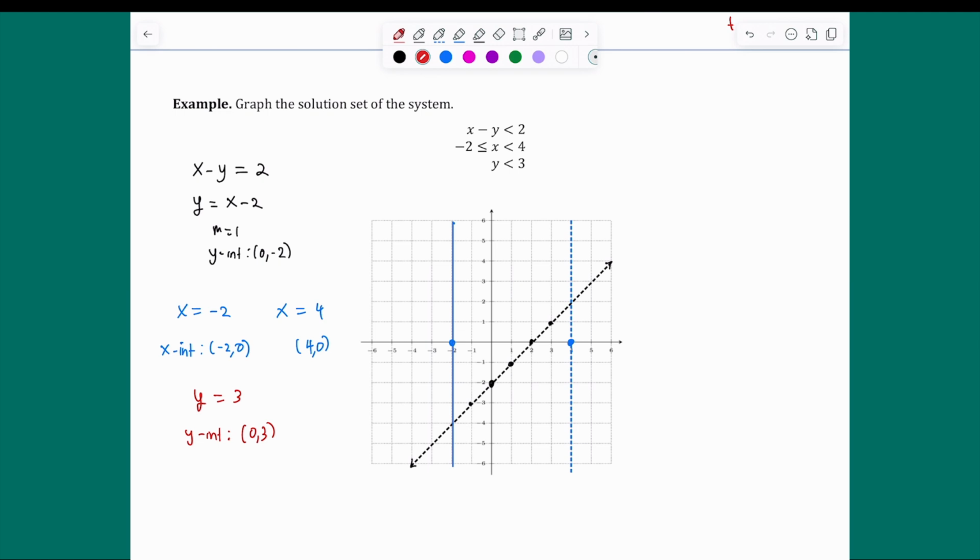And it is going to be a dashed line because of the less than symbol. So we're going to plot a point at 0, 3, and then a line that goes horizontally. All right, so there's our lines.